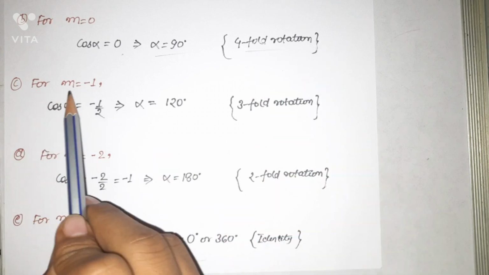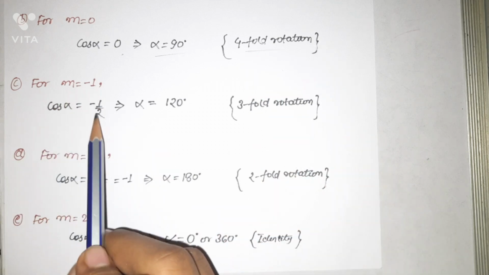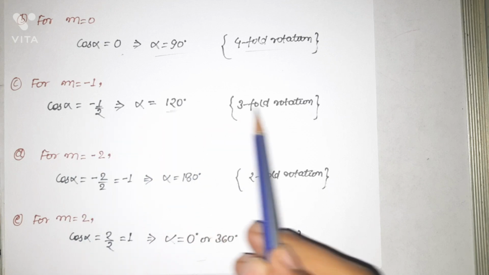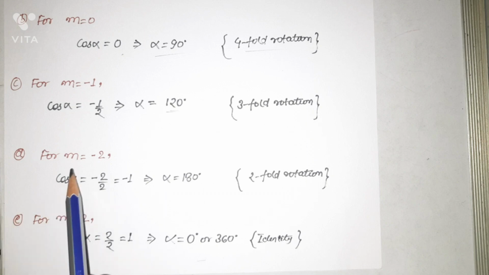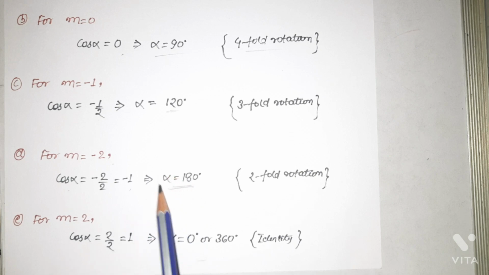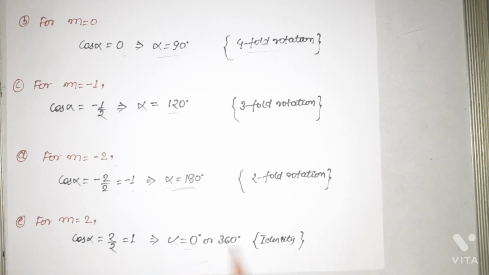For m is equal to -1, cos alpha is equal to -1 by 2 and alpha is equal to 120 degrees, this leads to formation of a 3-fold rotation axis. For m is equal to -2, cos alpha is equal to -1 and alpha is equal to 180 degrees. This is the rotation angle; a rotation angle of 180 degrees is a 2-fold rotation axis. And for m is equal to 2, cos alpha is equal to 1, so alpha is equal to 0 or 360 degrees, that is identity.